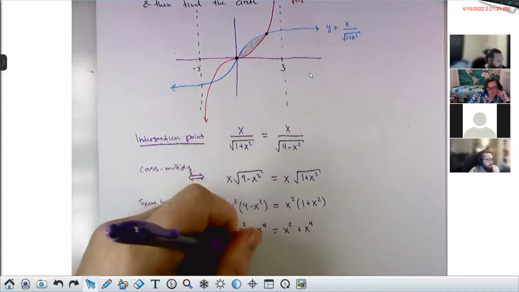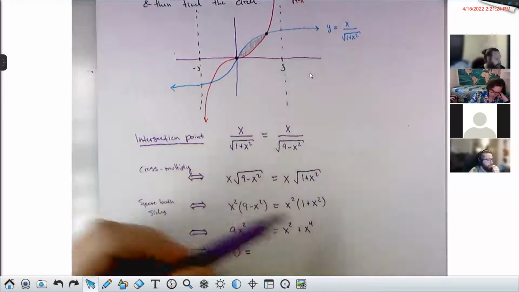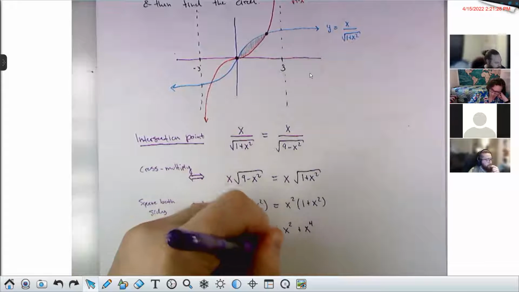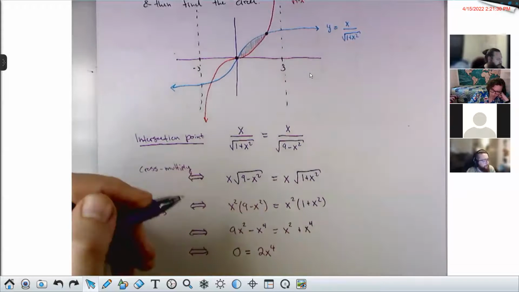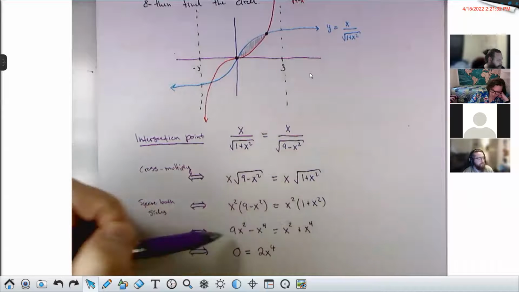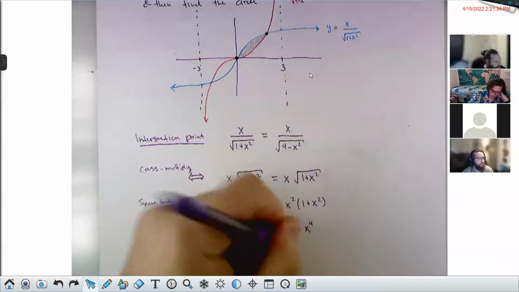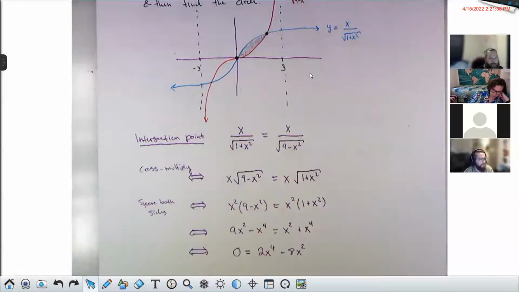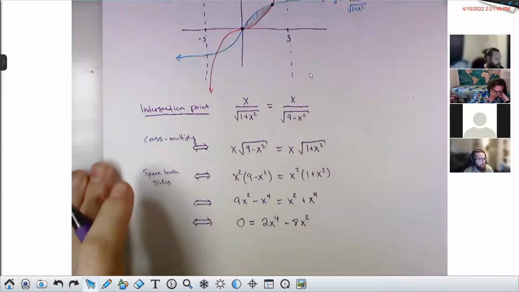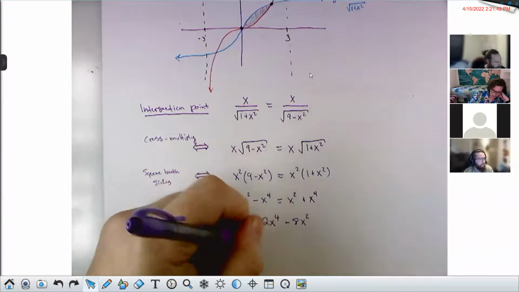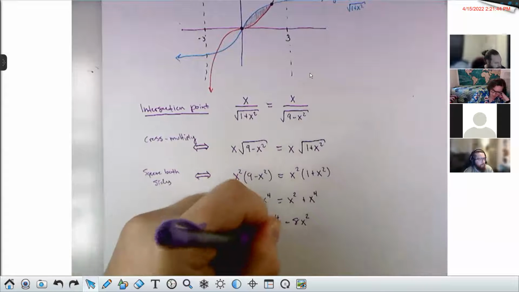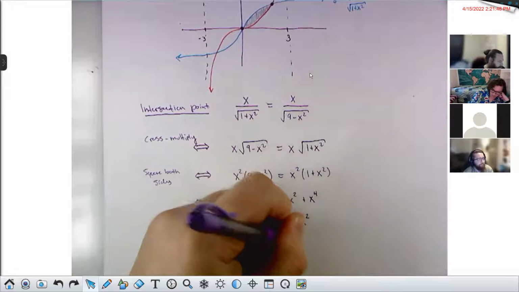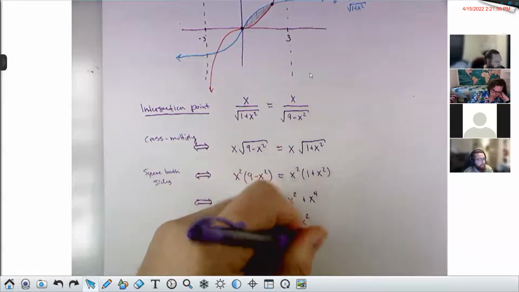And that will give me 0 equals x to the 4 plus x to the 4 is 2x to the 4, x squared minus 9x squared is minus 8x squared. I can factor out a 2x squared from everything. And what will be left here is just x squared minus 4.